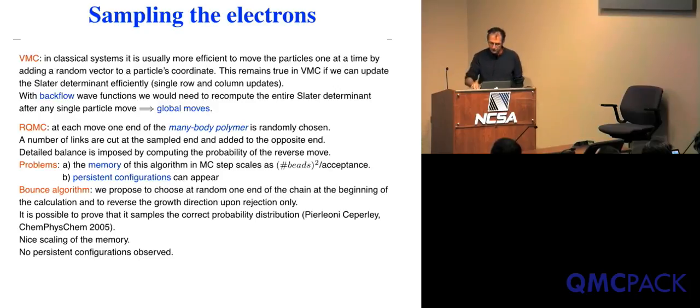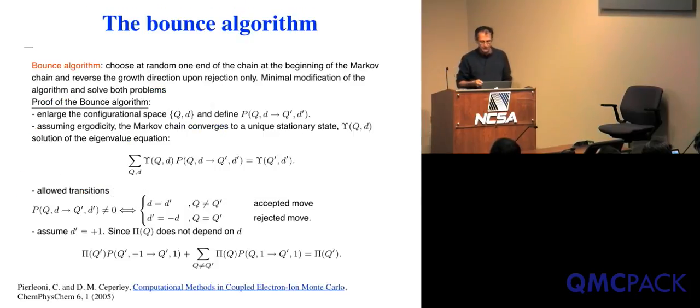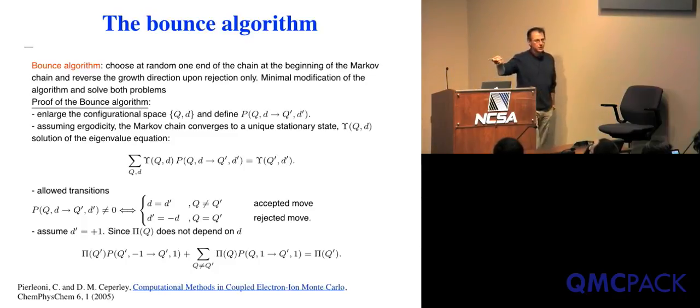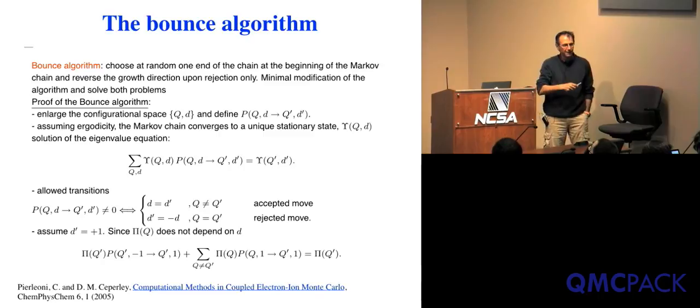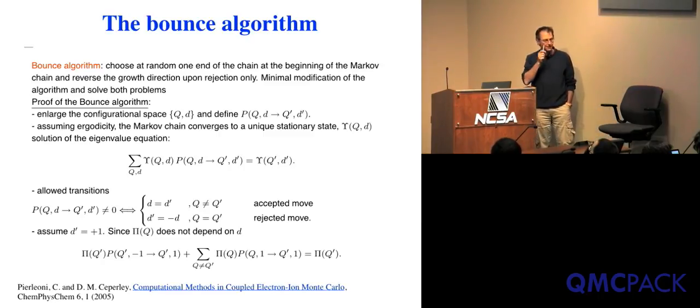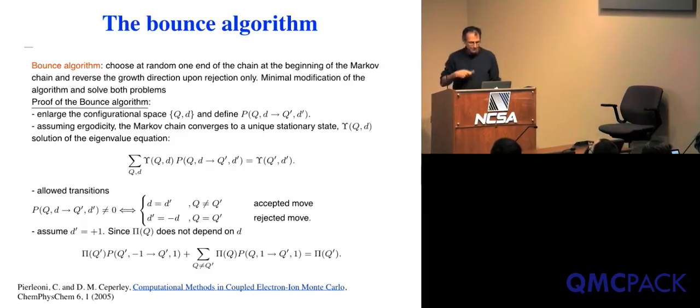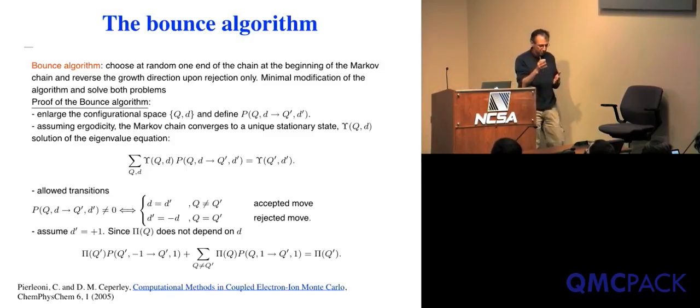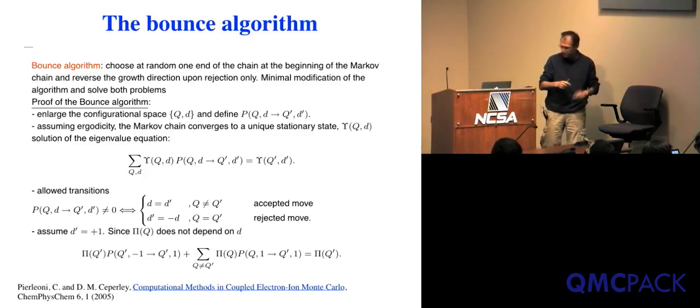And what we have found is that you can develop a different strategy. Instead of choosing the direction at every step, you can go always in one direction until you reject the move. Then when you reject a move, you go backward. This algorithm does not satisfy detailed balance, but you can prove, and this is the proof in this paper, that it still gives you the same long time, equilibrium distribution.